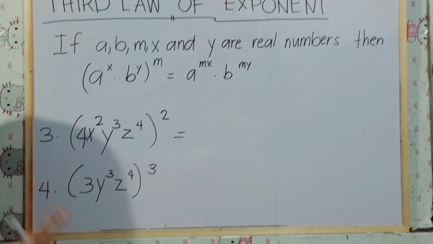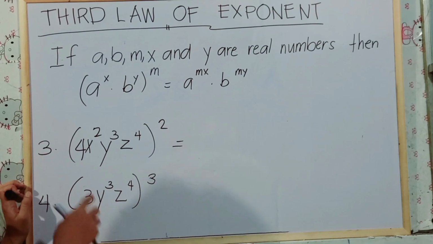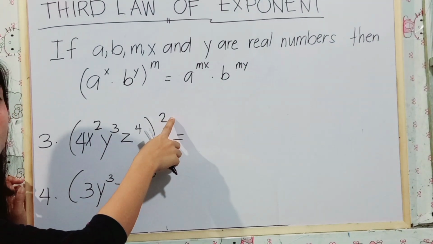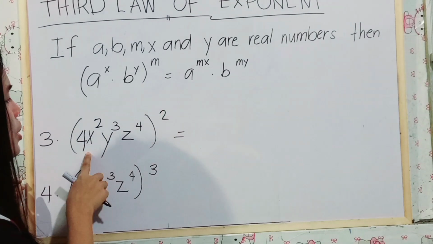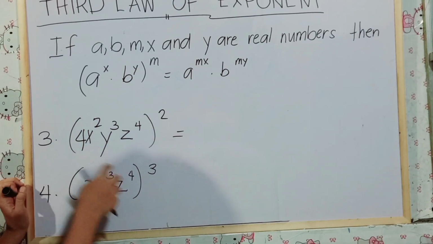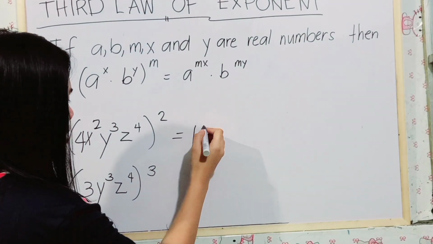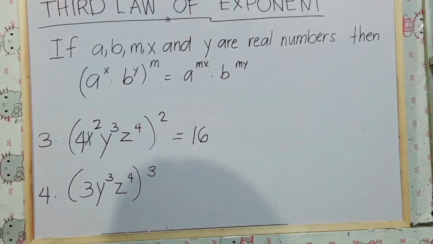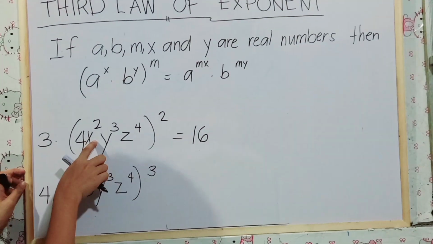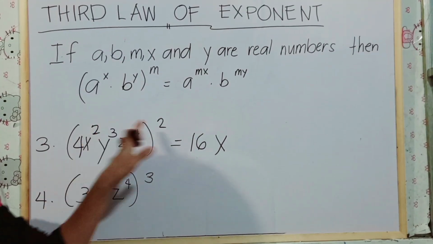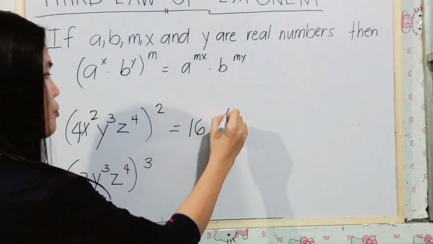So let's solve. So we have here 4 squared, it means 4 times 4. So 4 times 4 is 16. Where do we get 16? We square the 4 because of this power. And then copy x. Then multiply the exponent. So we have here 2 times 2 is 4.